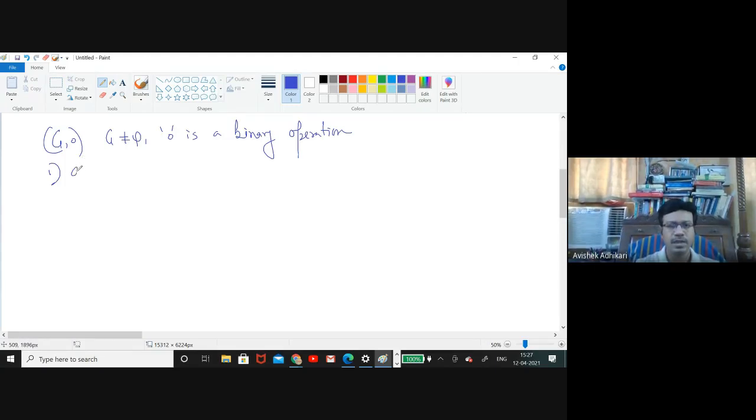It is associative, there is existence of an identity element, and the third property is the inverse property: for each element there exists an inverse.